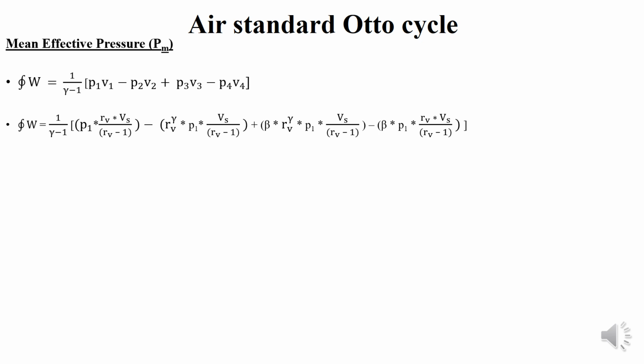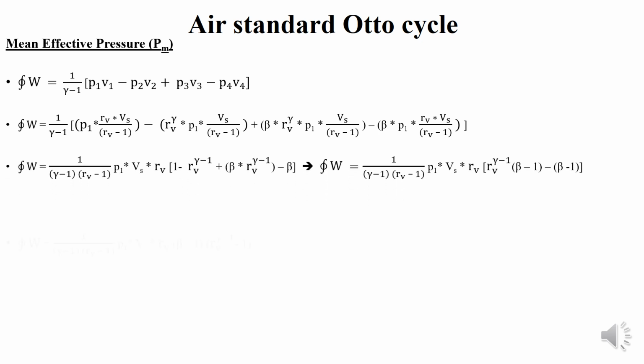So you will get the final expression for net work done like this. Now for mean effective pressure, the equation is net work done divided by stroke volume. The net work done equation you got like this, divided by Vs.